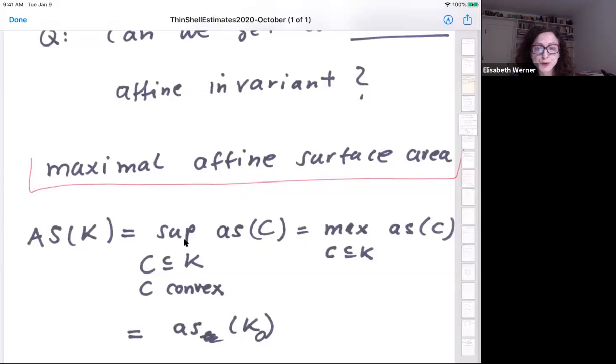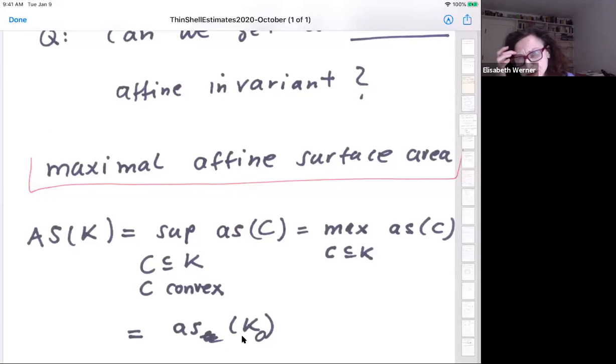It's the sup over all little affine surface area of C, where we look at all convex bodies C that are contained in K. And one can show that the sup is actually a max and it is attained. So it's the maximum over all convex bodies C in K of the little affine surface area of C.